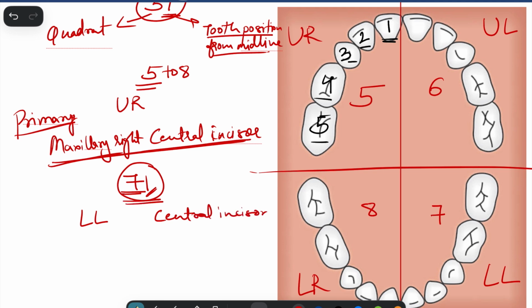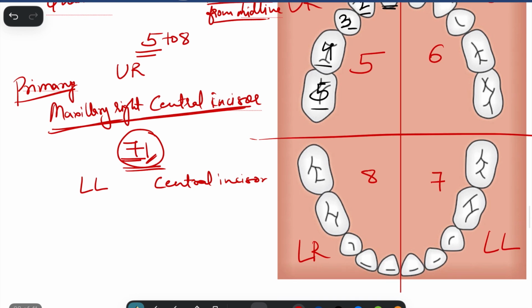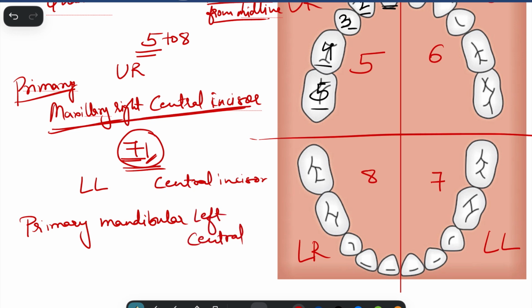So, this tooth, the tooth number 7, 1, will be our primary mandibular left central incisor.